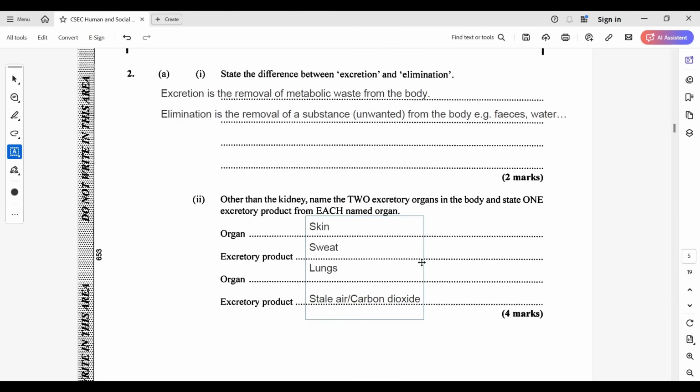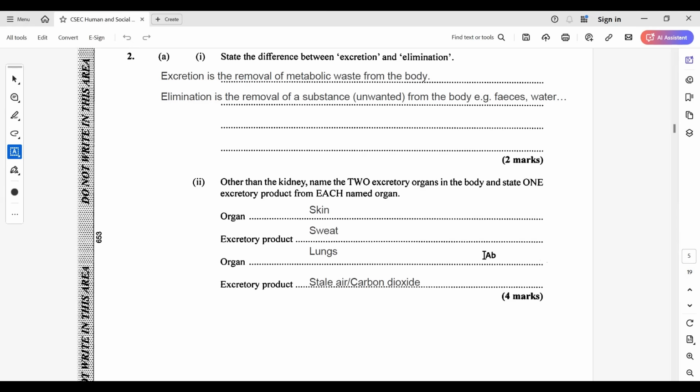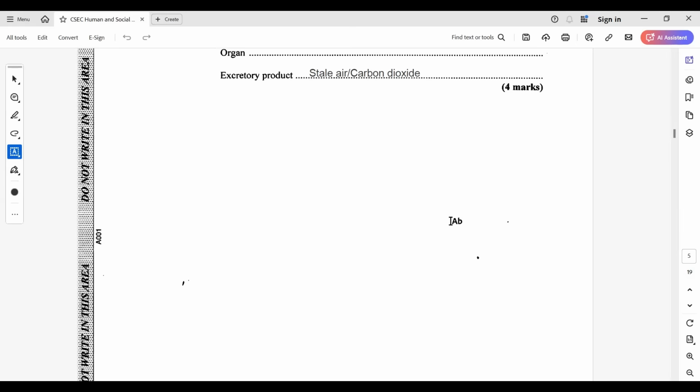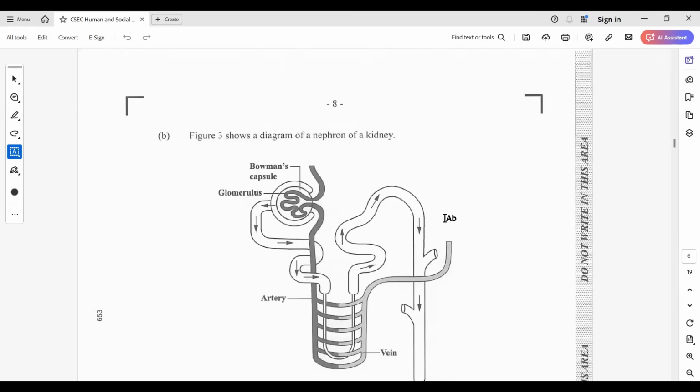We have the lungs, and we have stale air or carbon dioxide coming out from the lungs. 4 marks. You just have to put one each. Yeah, so you could see how easy it is to get a mark. Skin, 1 mark. Sweat, 1 mark. Lungs, 1 mark. Stale air, 1 mark. Expired air, you could use the different synonyms that you know.